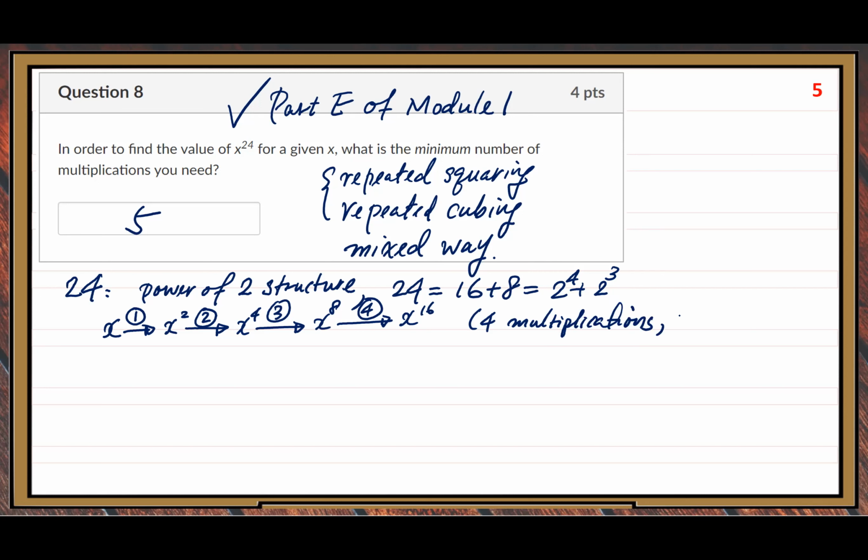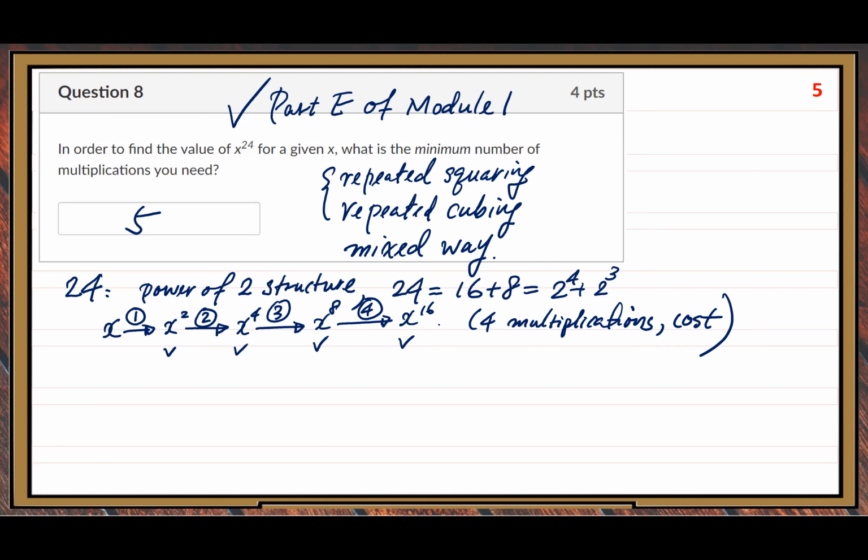That's the cost we pay at this point. But after you pay this much cost, you have x squared, x to the 4th, x to the 8th, x to the 16th. All these power of 2 exponents, you have them.